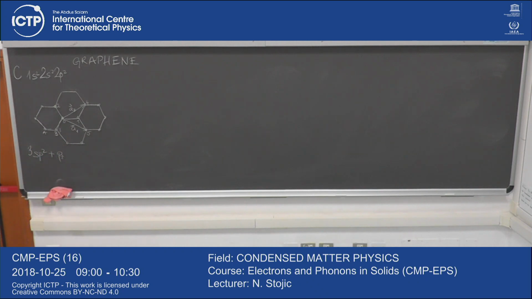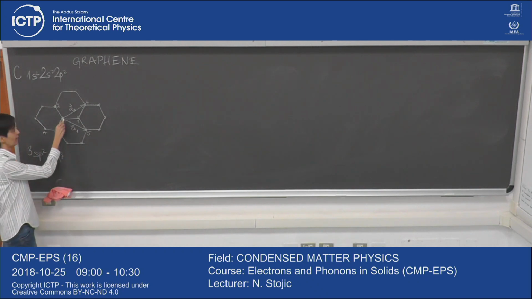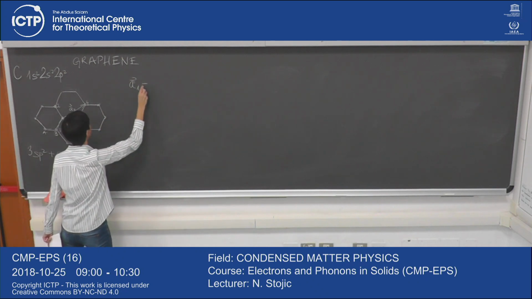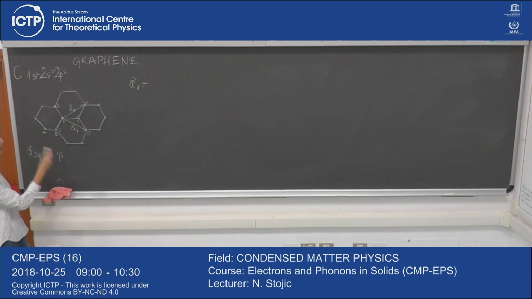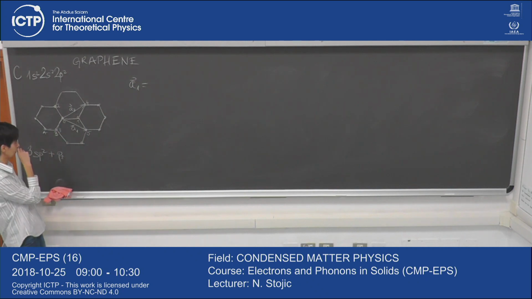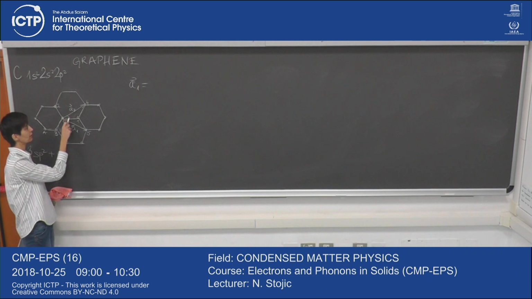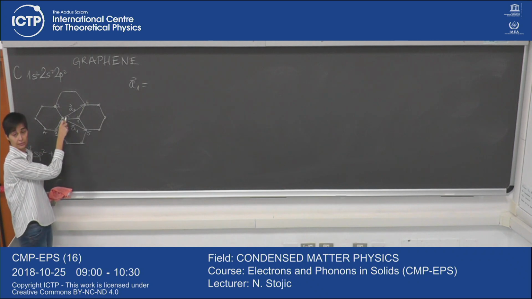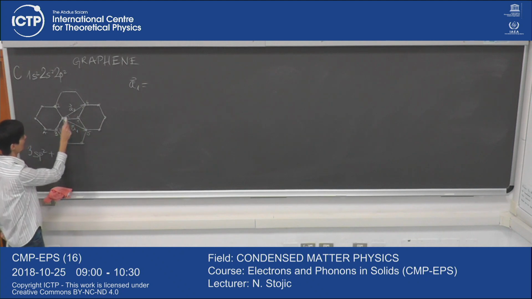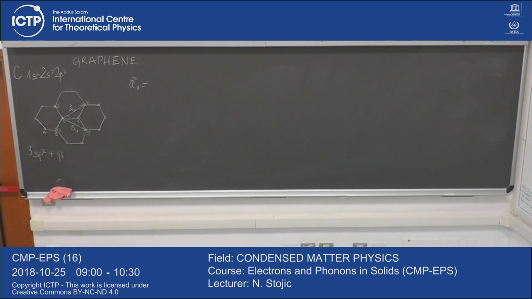Okay, now let's write the A1 and A2. This is 120 degrees in the honeycomb, in any such triangle. So this must be 30, both of them. I can express the x coordinate: it will be cosine 30.